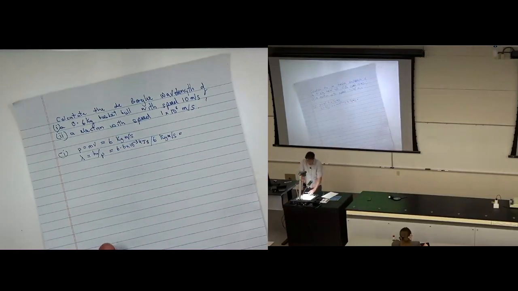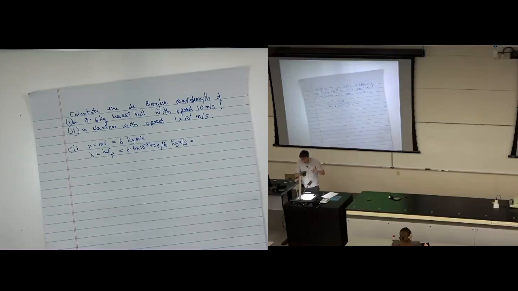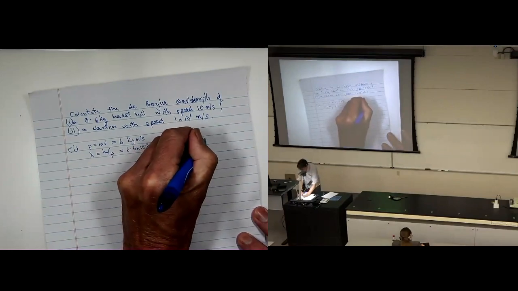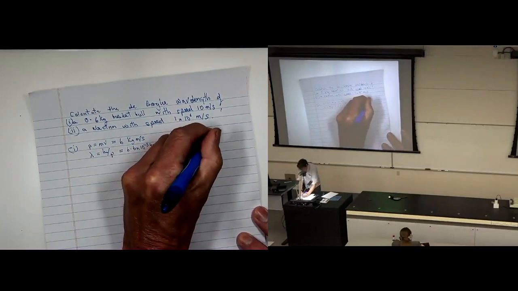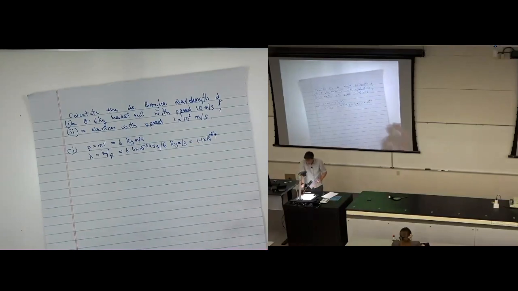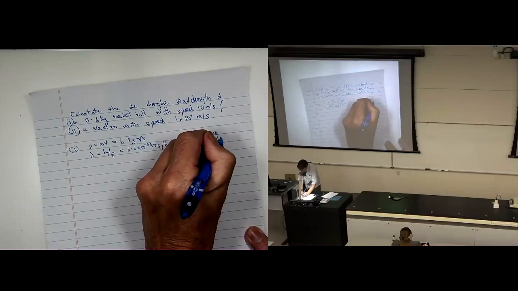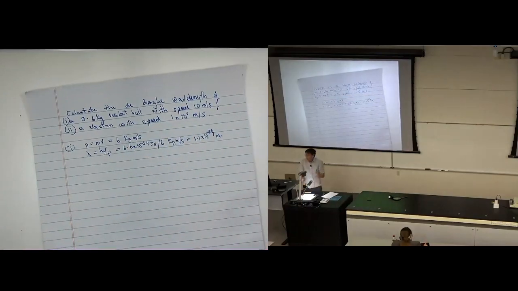The number there, well, look, that's 6.6 over 6, so the number is going to be 1.1. 1.1 times 10 to the minus 34. And the units, we got a little bit of a mess of units. We got joule seconds over kilograms meters per second, but that simplifies actually down to just meters. And wavelength is a distance, so it is in meters.